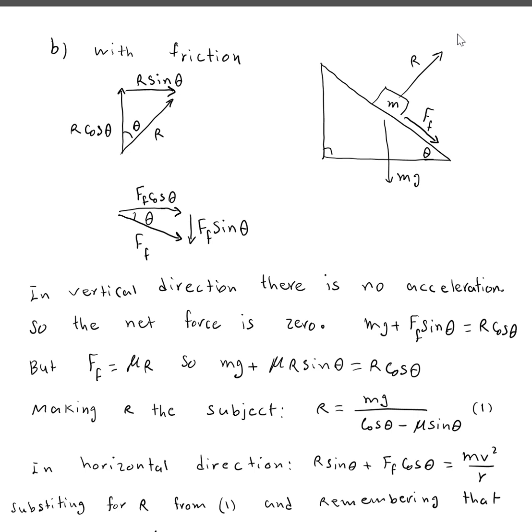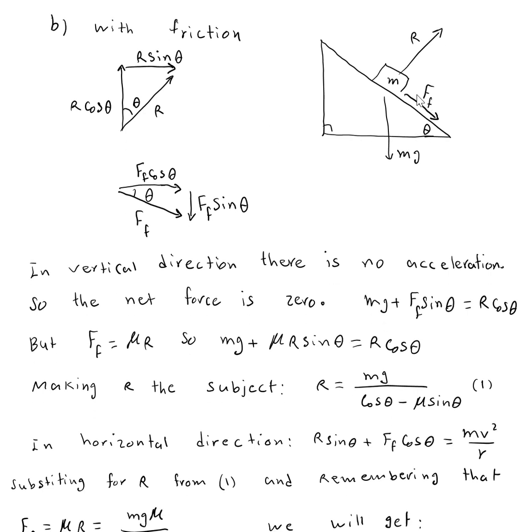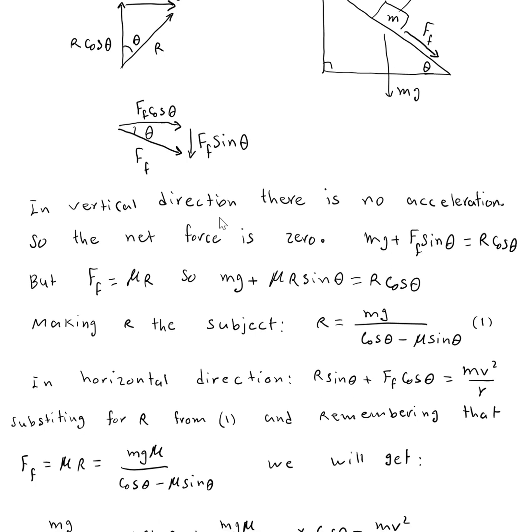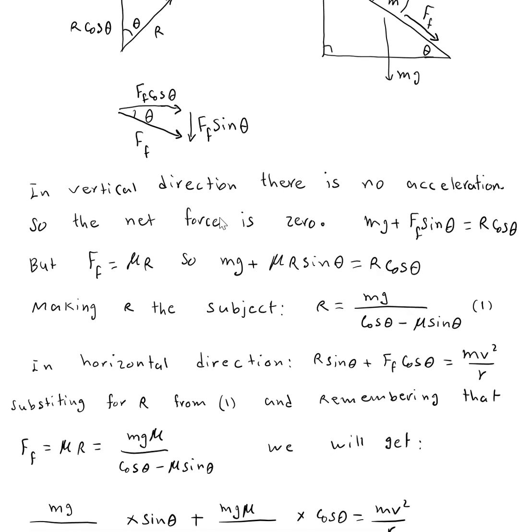Again, if we resolve R, it will be R cos theta vertical and R sin theta horizontal. The force of friction, as you can see, makes an angle of theta with the horizontal direction. So its horizontal component will be Ff cos theta, and its vertical component will be Ff sin theta.